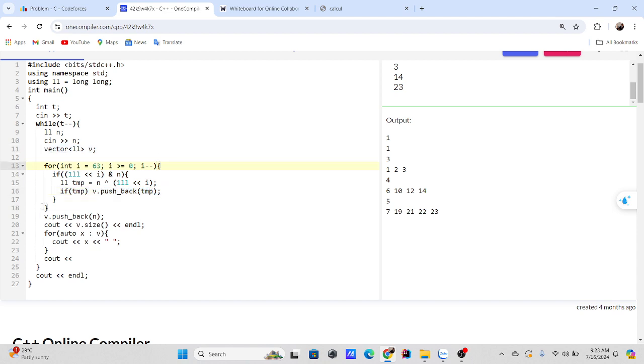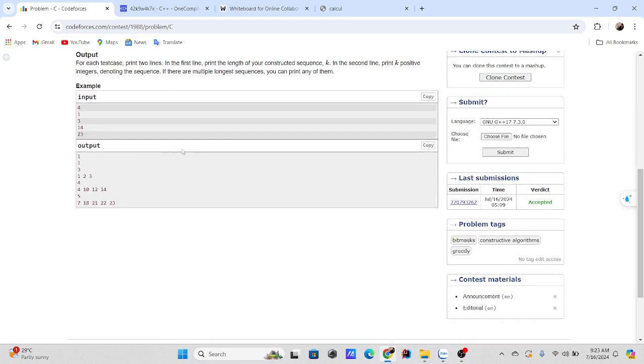And when this for loop is finished, we will also push n into this vector, because as you can see in the answers, there's always n as the last number of the sequence, right?